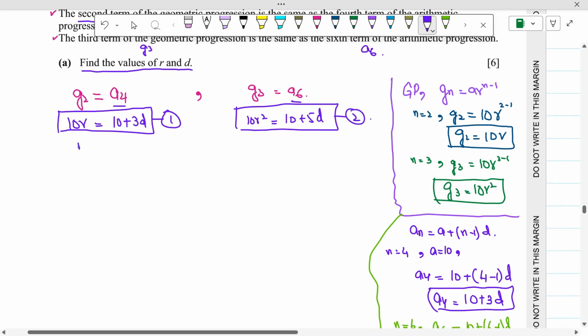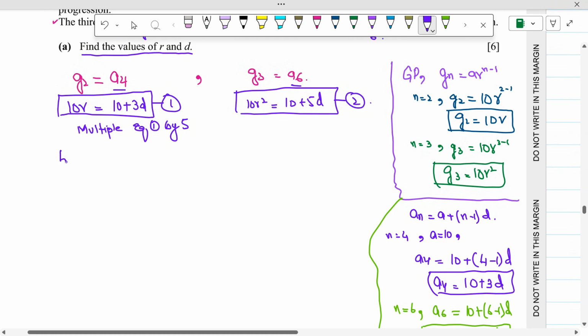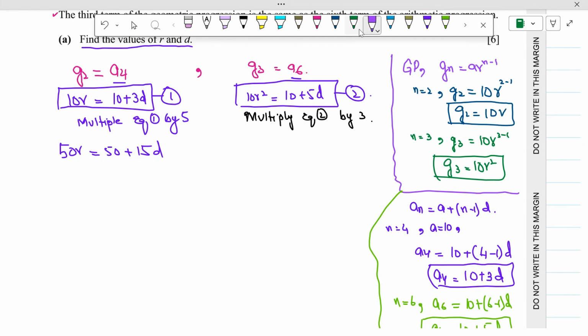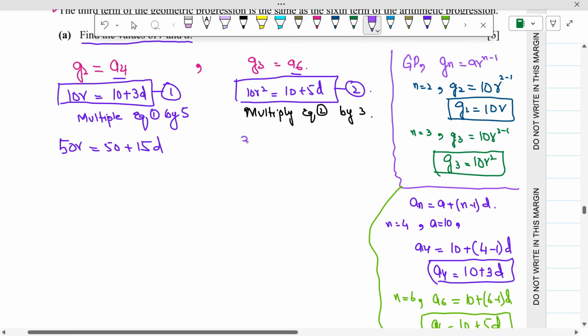So we can solve these two equations simultaneously to find the value of r and d. If we multiply equation 1 by 5, it will be 50r is equal to 50 plus 15d. And if we multiply equation 2 by 3, we will have 3 times 10 is 30r squared is equal to 30 plus 15d.